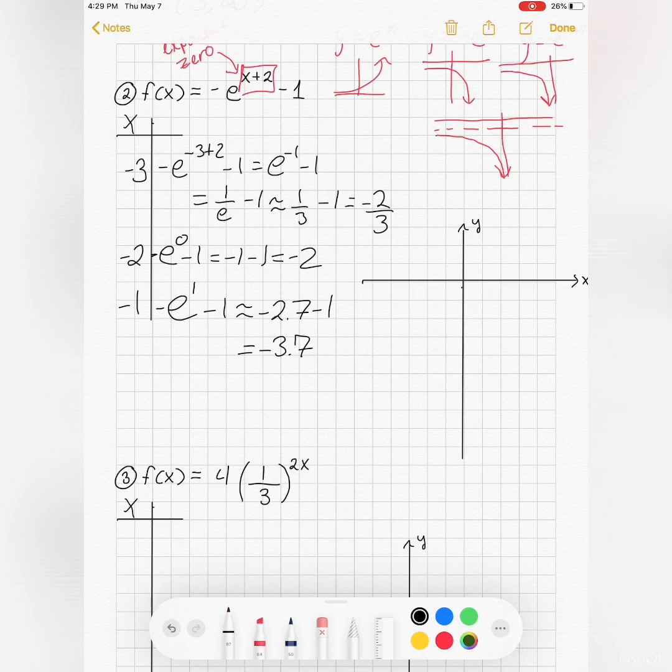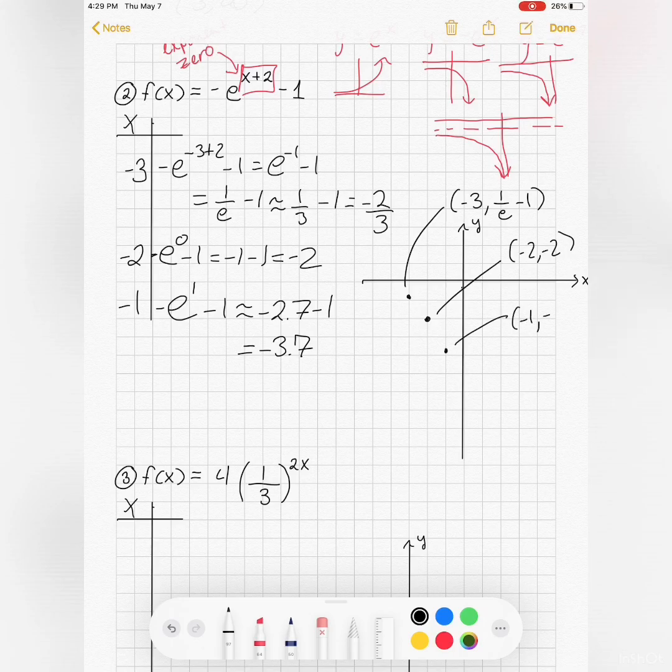All right, let's plot the points. Got -3, -2/3-ish. So I can even label that nicely. -3, 1 over e minus 1. -2, -2. -1, -3.7-ish.